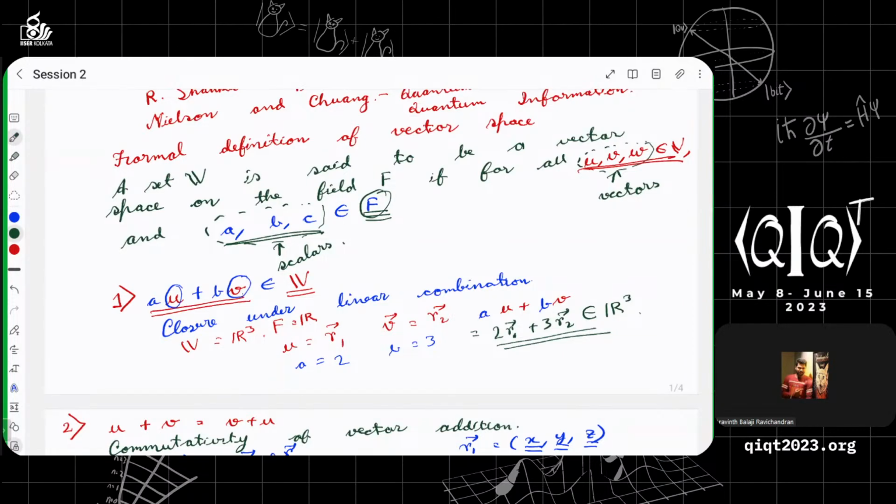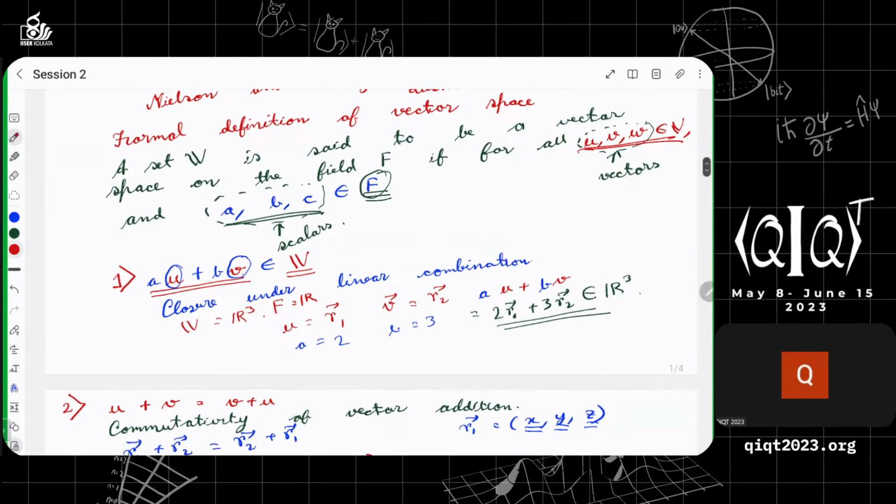But in principle, can't you have a condition where a times u can take your vector out of the space, and then adding b times v will bring it back again to the space? So shouldn't we have an elementary condition before this, that u plus v, the unscaled addition, should belong to the space? Basically, what you're saying is that this condition can be broken down into two parts: u plus v should belong to V, and au should also belong to V.